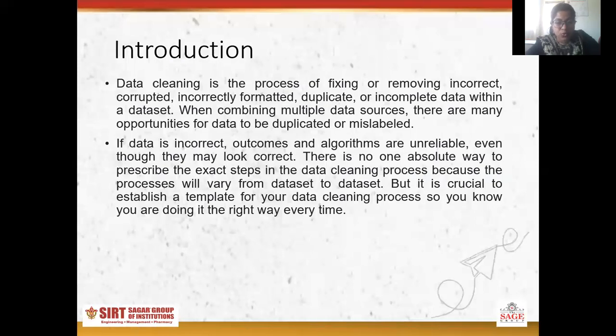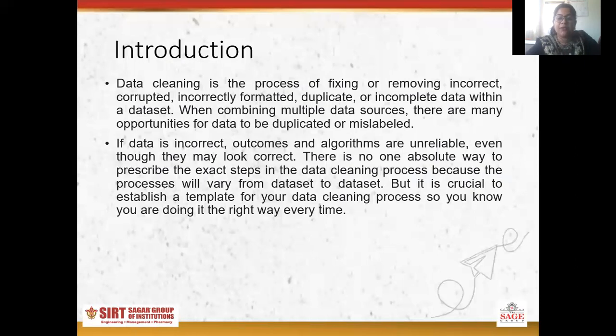There is no one absolute way to prescribe the exact steps in the data cleaning process, because the process will vary from dataset to dataset. But it is crucial to establish a template for your data cleaning process, so you know you're doing it the right way every time.